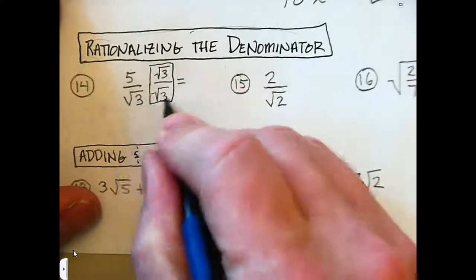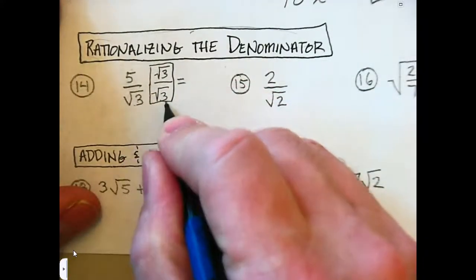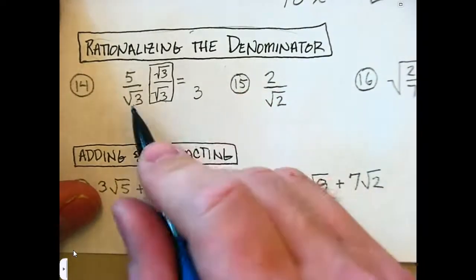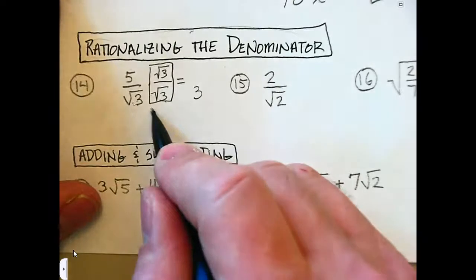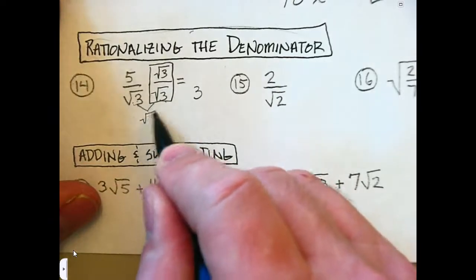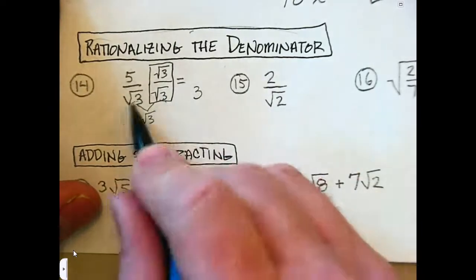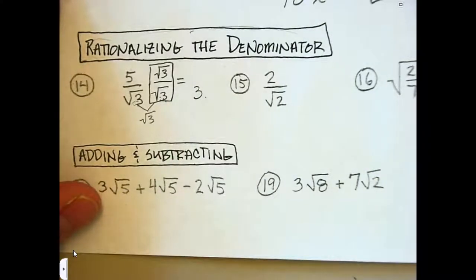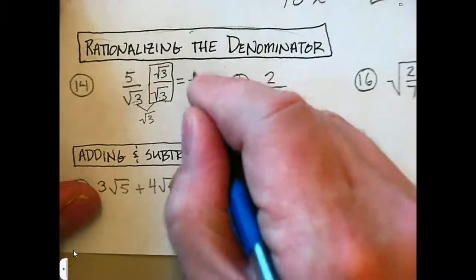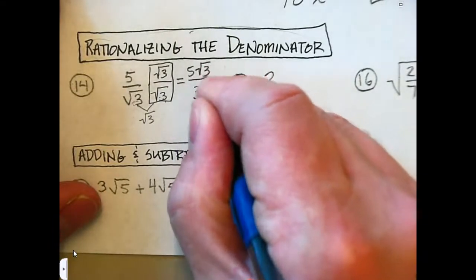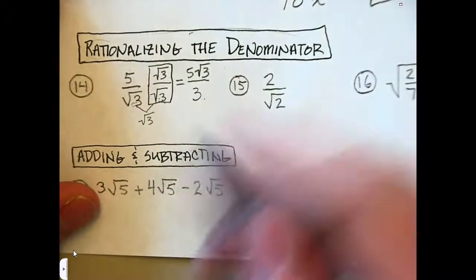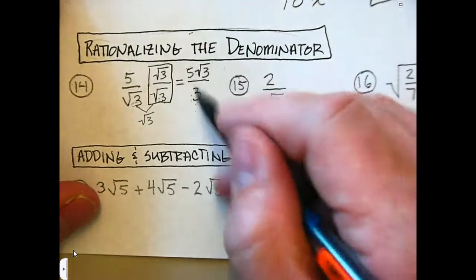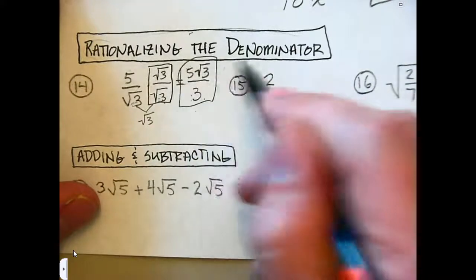When you multiply a root by itself, root 3 times root 3 is root 9, and the square root of 9 is 3. So whenever you multiply a radical by itself, you always get the thing that's inside of it. It just comes out. And then on top, you have 5 root 3. You should ask yourself, can I simplify the things on the outside? 5/3 doesn't reduce, so you're done. That is your answer.